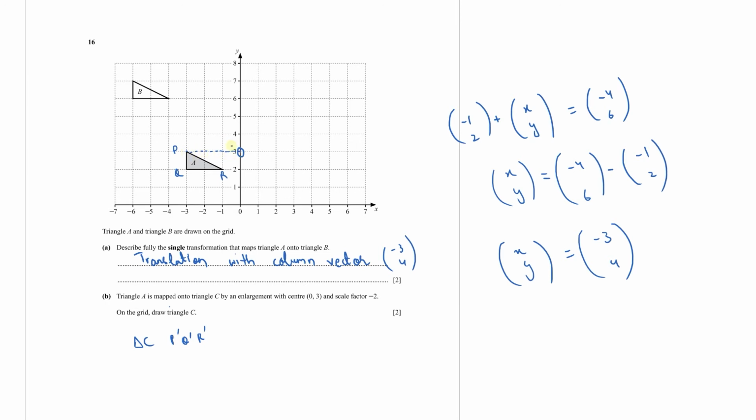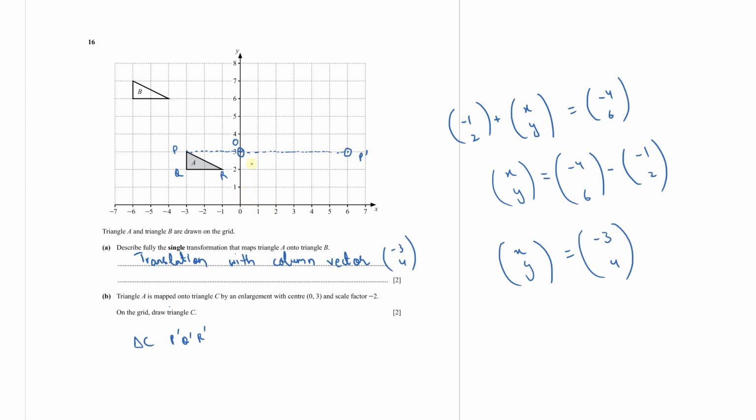Let's call the center O. So PO is 3, and P prime O will be 3 times 2, which is 6. You continue to draw on the other side, because there is a negative sign. In the same direction, you will go 6 points: 1, 2, 3, 4, 5, and then 6. So this will be your point P prime.